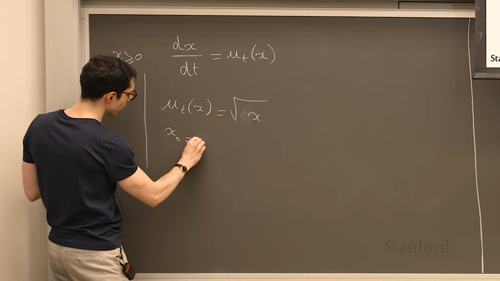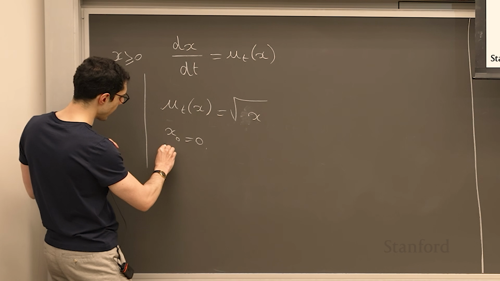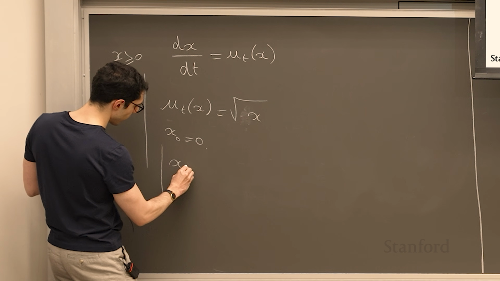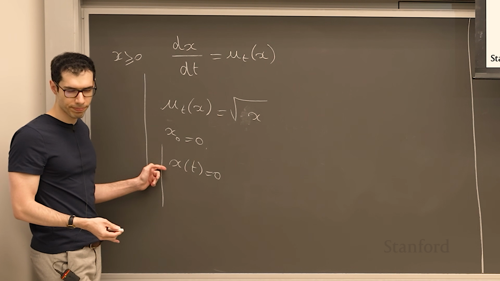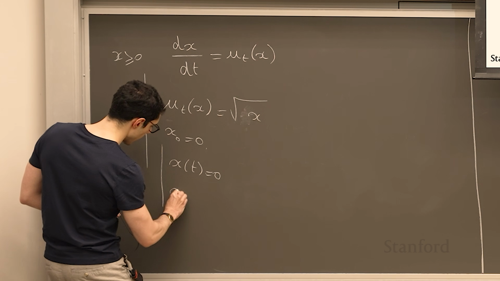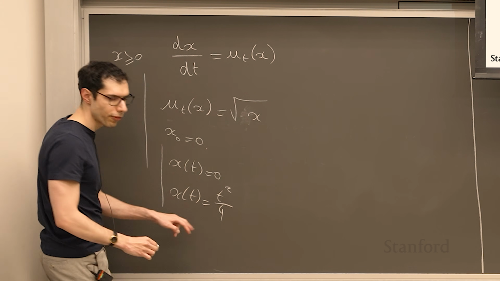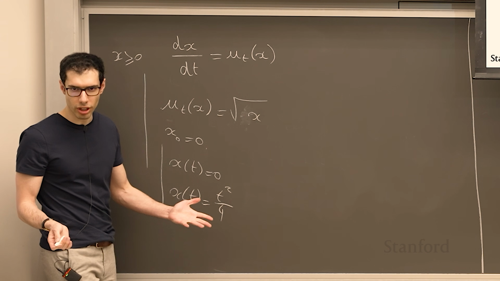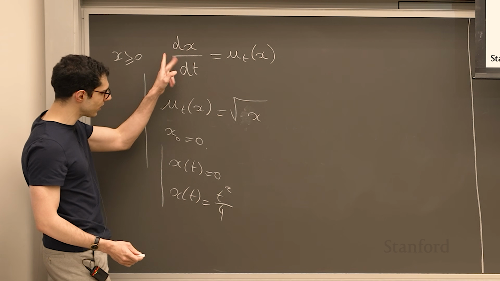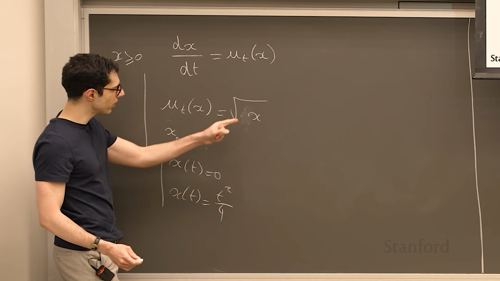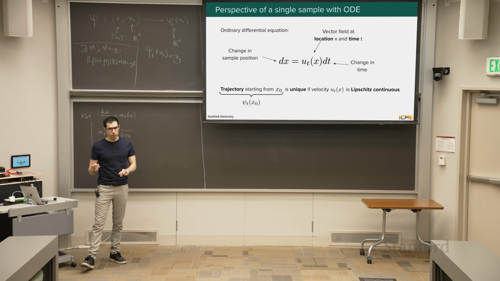If you say you want your initial condition x0 to be equal to 0, then x_t equal to 0 is going to be a solution. But x_t equals t squared over 4 is also going to be a solution. Here, for t squared over 4, the derivative is t over 2. And when you put this in the square root, it's also t over 2.